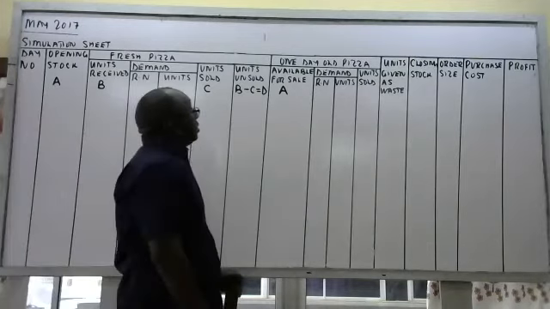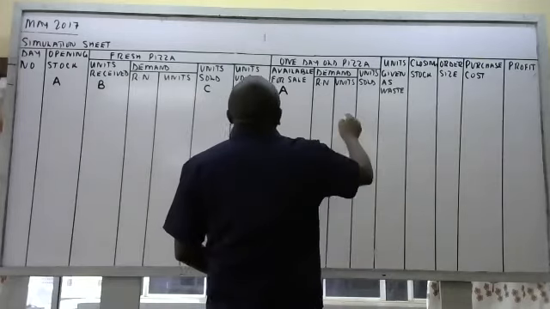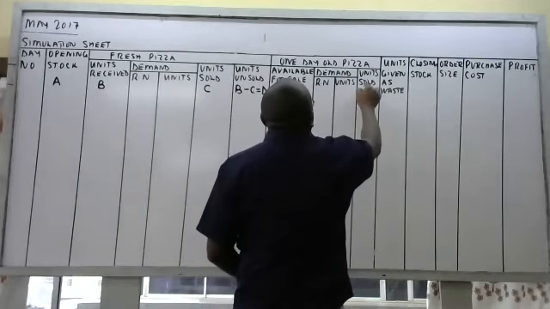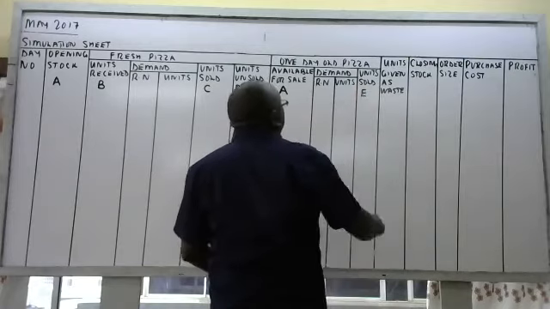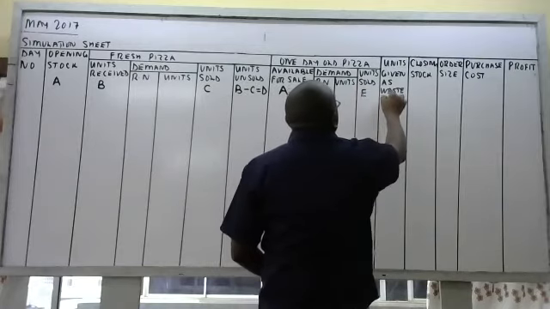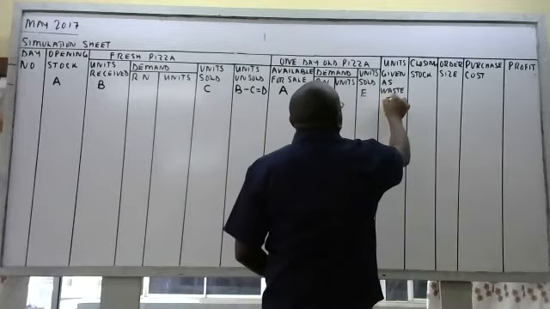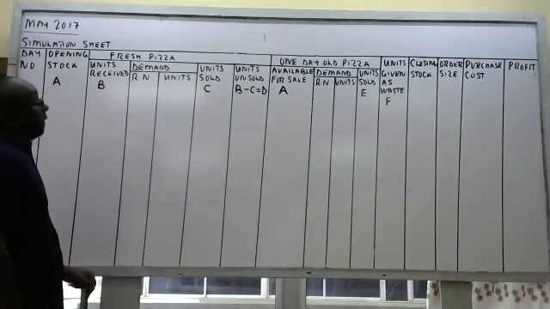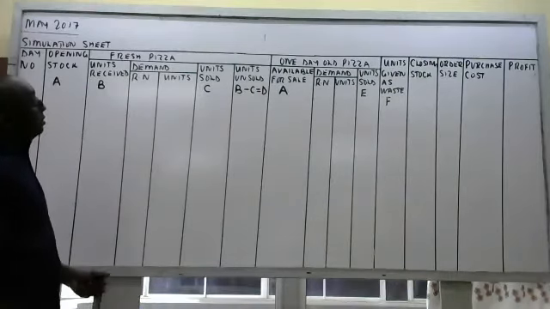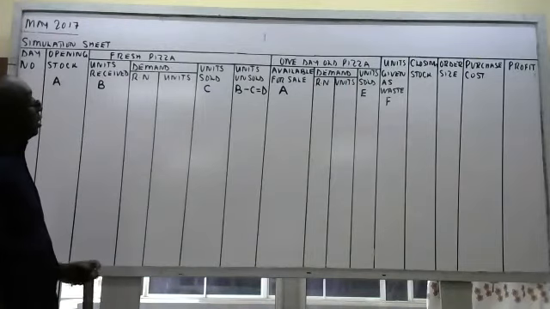Units sold, I will call them E. Units given as waste, I will call them F. How do I get my closing stock?